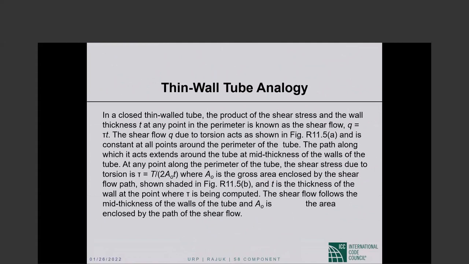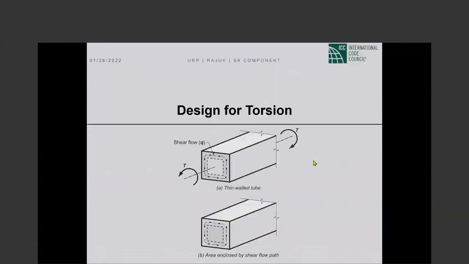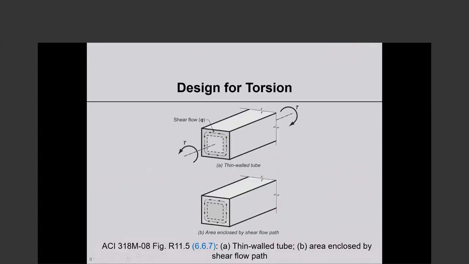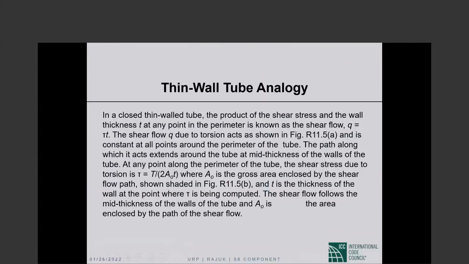So at any point along the perimeter of the tube, the shear stress due to torsion is T, the torsion causing the stress, divided by 2 A sub 0 t, where A sub 0 is the gross area enclosed by the shear flow path.